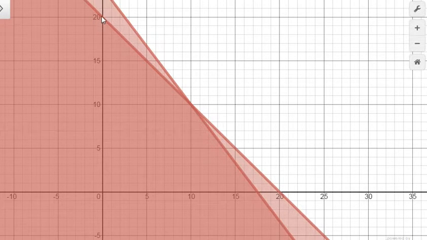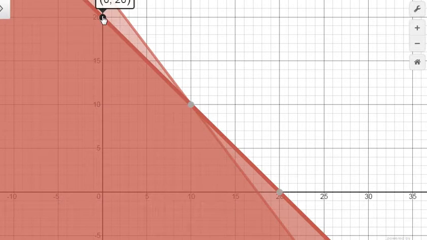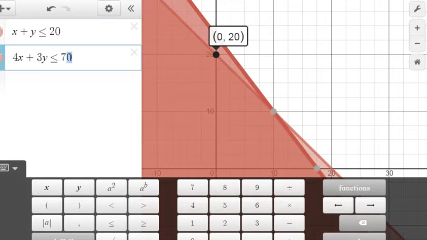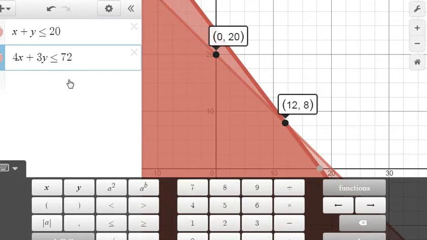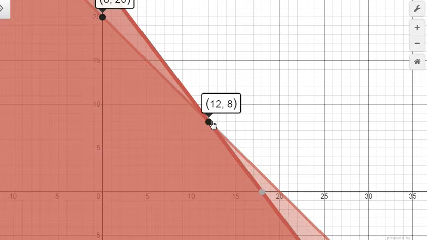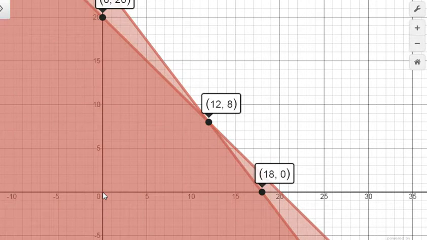The nice thing now is that I can see my corner points. Whoops, I must have typed in something wrong if I get 10, 10 there. Oh, 70, how about 72? There we go. So there's a point. So I can see all the vertices of my solution polygon.